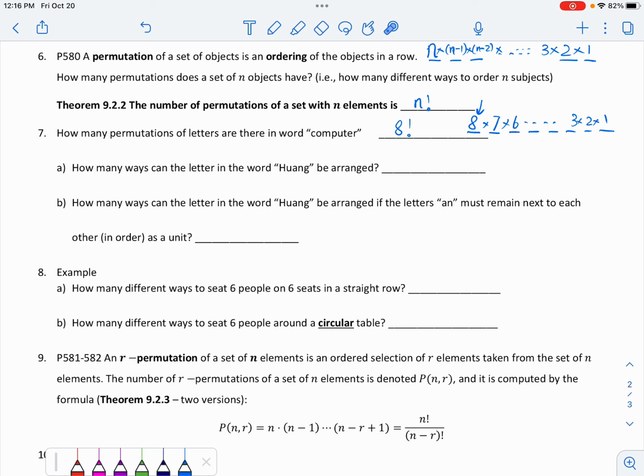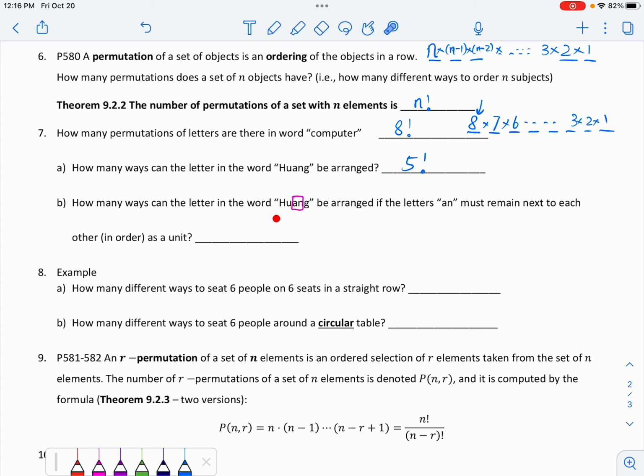Now the second: how many ways can we arrange the letters in the word Juan? There are 5 different letters, so therefore we'll say 5 factorial. What if we say these 2 letters, an, have to be together and in this order, an, not na.